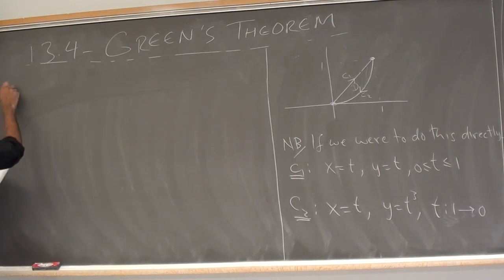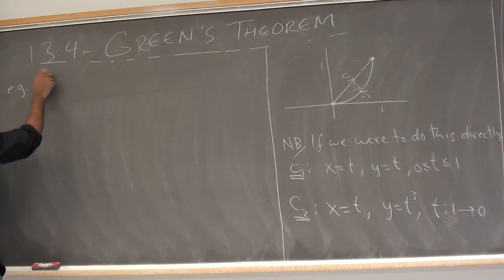Section 13.5 is curl and divergence, which are different operations we do with vector fields. For three-dimensional vector fields, the way you can test if it's conservative is to use the curl. We'll talk about that next time. But today I just wanted to do Green's theorem. Let's do another example.